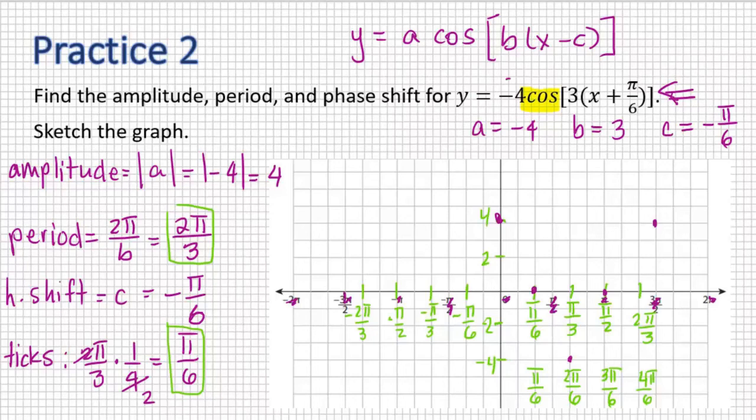But this function is a reflection along the midline, along the x-axis in our case. It doesn't start at its maximum because a has a negative value. This cosine function will start at the minimum value. So we'll start at y is equal to -4.